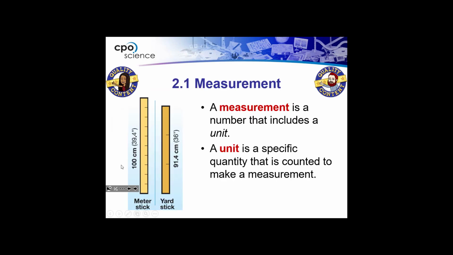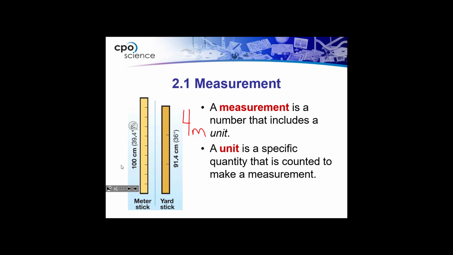All right, so a measurement is a number that includes a unit. If I just said 4, 4 means nothing. For what? If I add a unit, that gives it an actual thing.